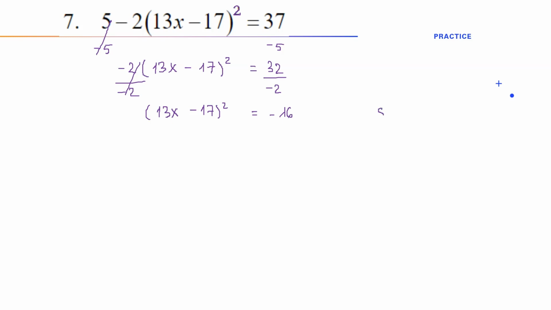Now we can use the square root property. If we have x squared equals a, then x equals plus or minus the square root of a. So 13x minus 17 equals plus or minus the square root of negative 16.